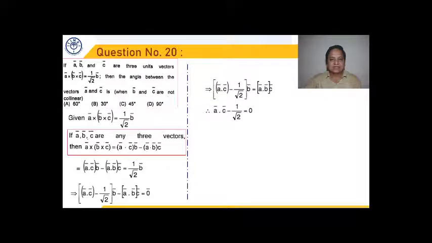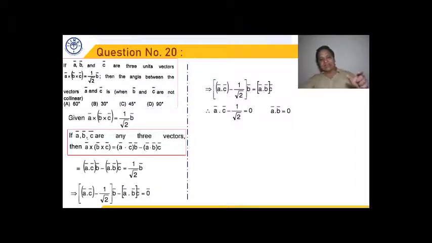Now, therefore we can say A dot C minus 1 by root 2 is 0, or A dot B is equal to 0. These two are equal or their difference is 0. We can say either A dot C minus 1 by root 2 is 0, because it is given B and C are not collinear, their coefficients are 0, or A dot B is equal to 0.